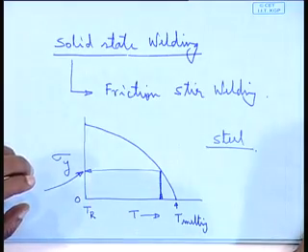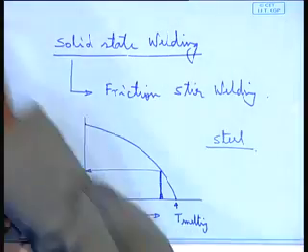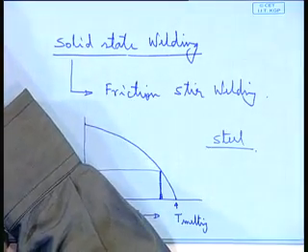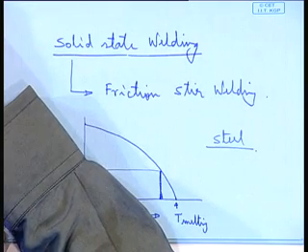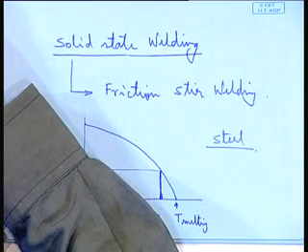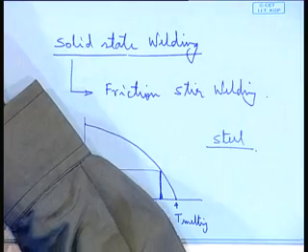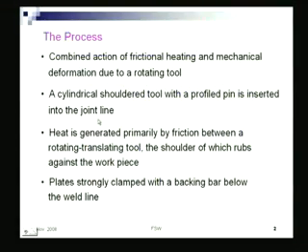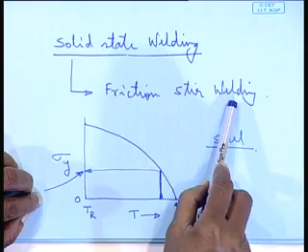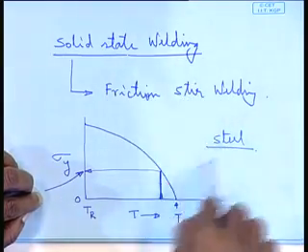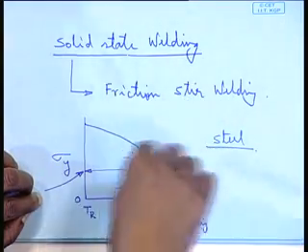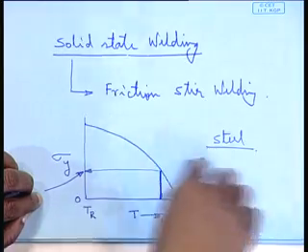It is not liquid, but in a plastified state which can sustain mechanical deformation. That is how the name also you can see, friction stir welding. Through the friction you are generating heat and then stirring the material. The material is fluid enough to stir it.